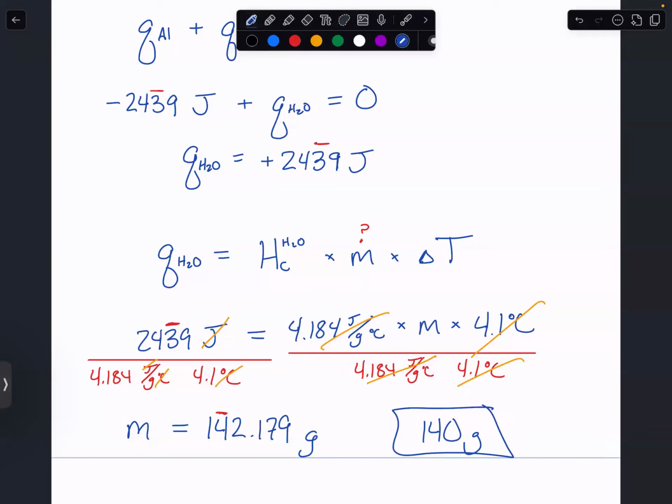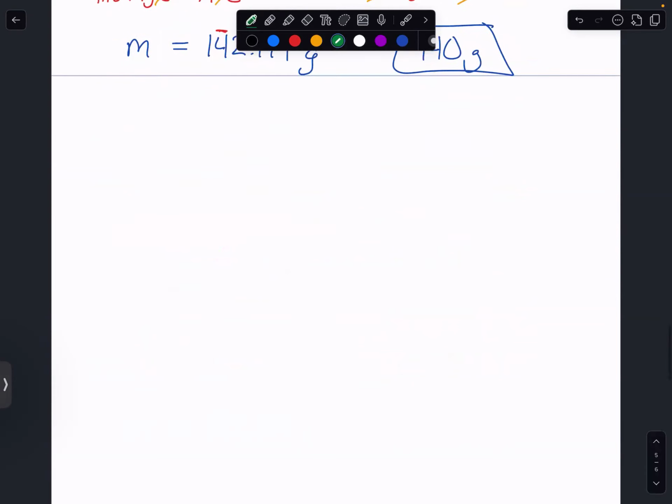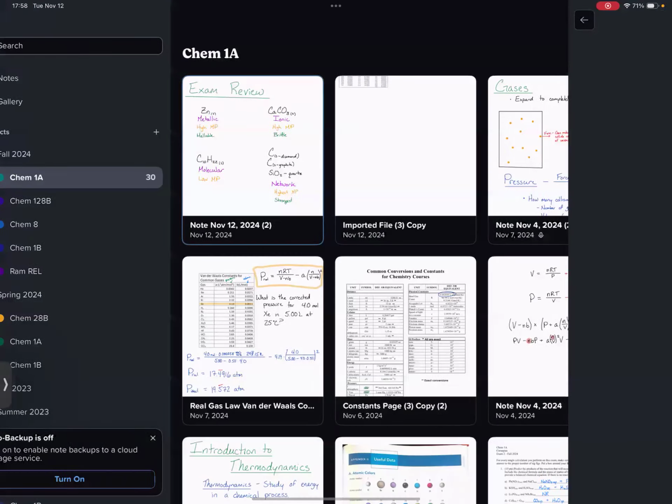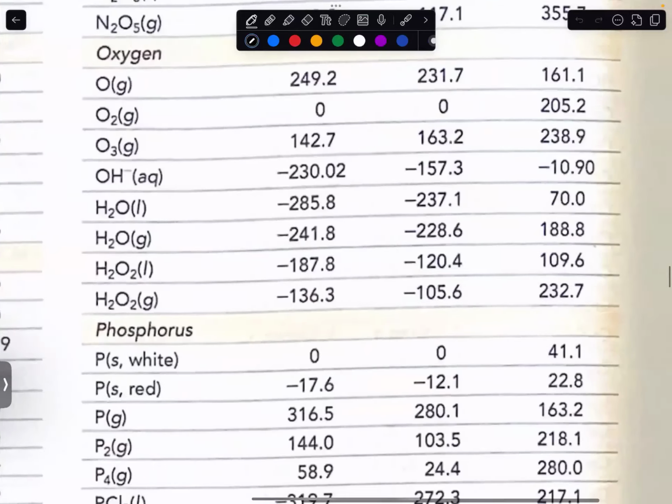All right. So we sort of segued from a discussion of heat to a discussion of enthalpy. All right. We had talked about calcium carbonate before.